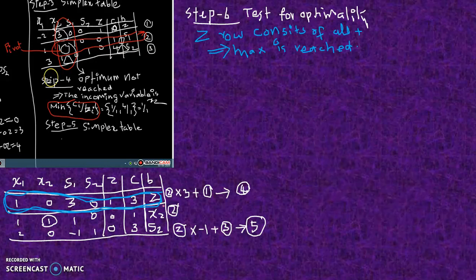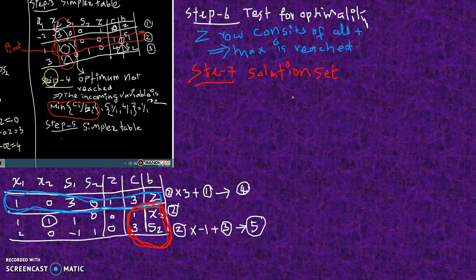What is the solution? See here, this is called the basic variable. So this is the solution set. Step number 7, solution set. You see here, this is the basic value, this is the solution set.